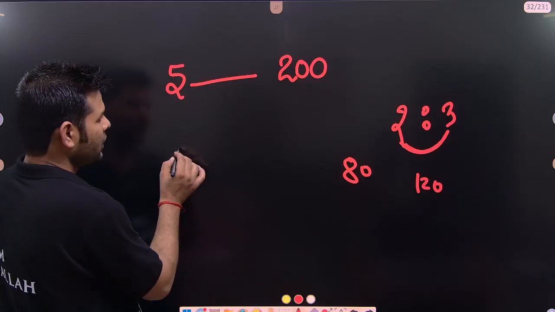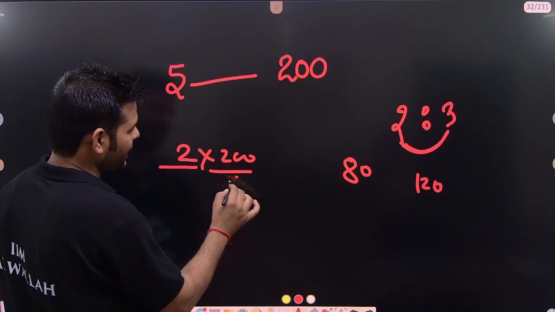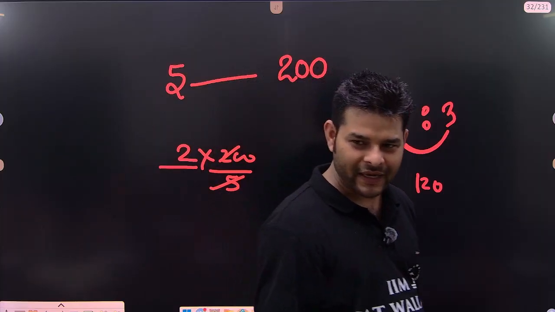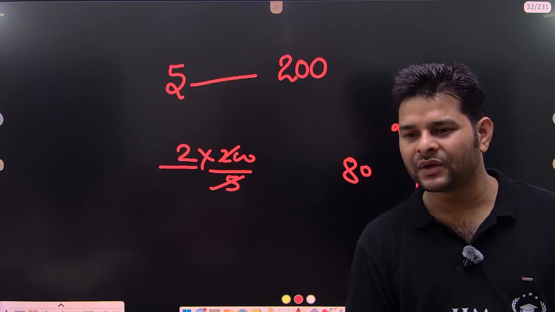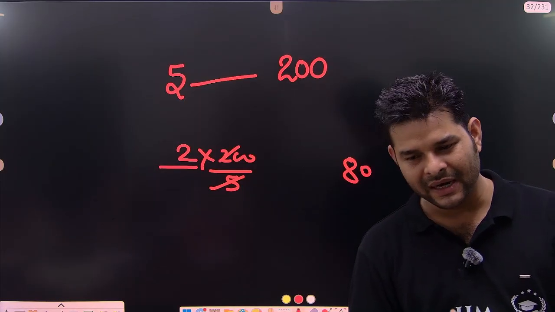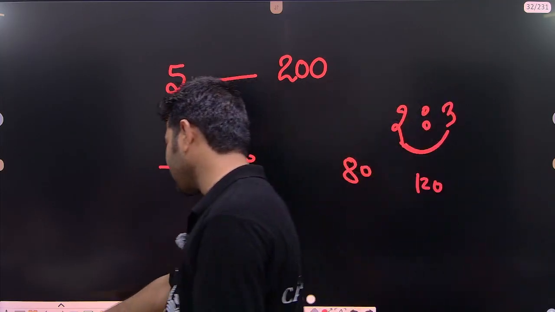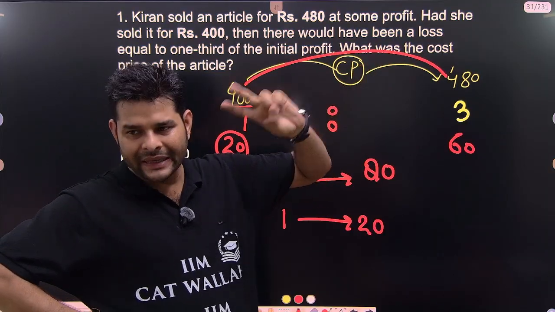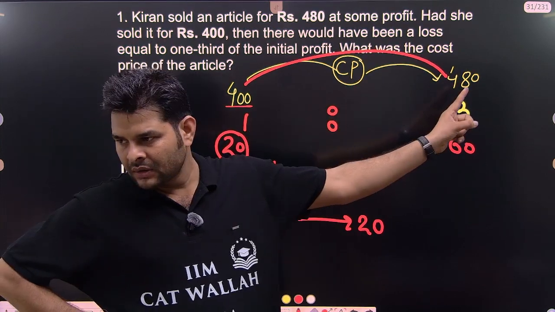Definitely you can do 2 into 200 divided by 5, and you will get the same thing. But why make the fraction? First just get the value of 1 unit and then calculate 2 units or 3 units. In the same manner we have done over here. We have 80 rupees and we need to divide it in the ratio 1:3.